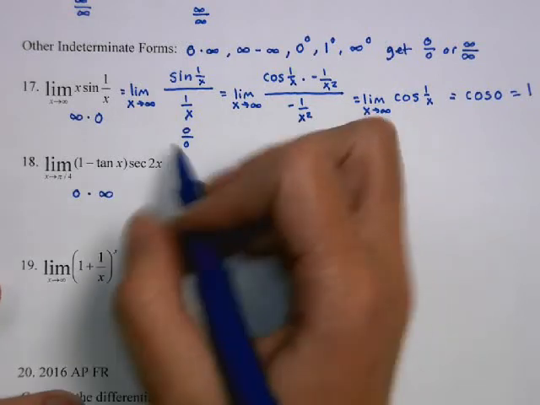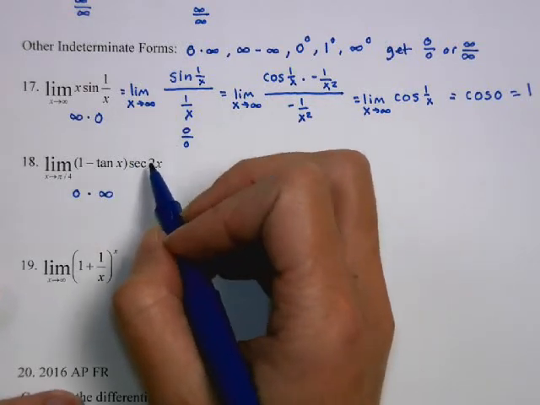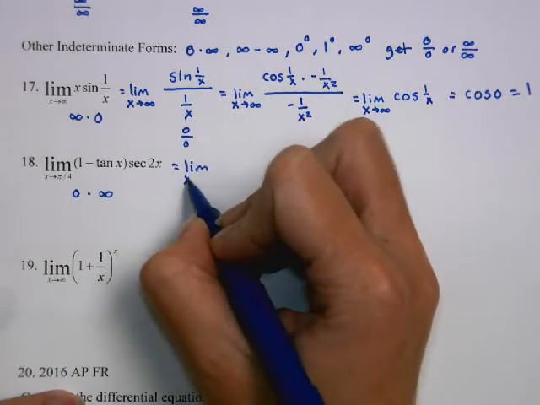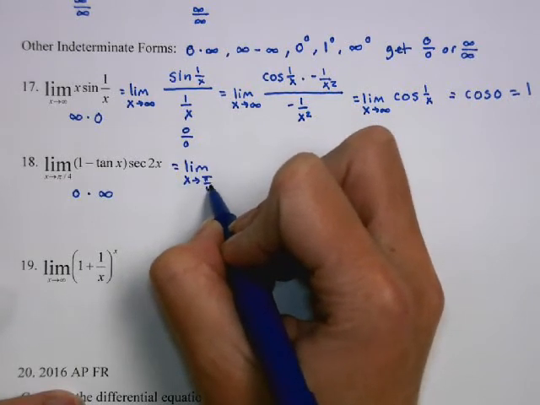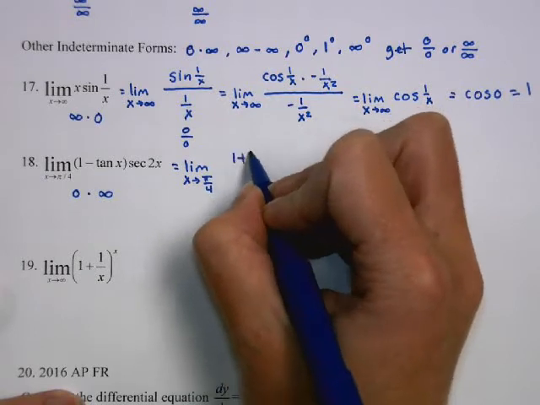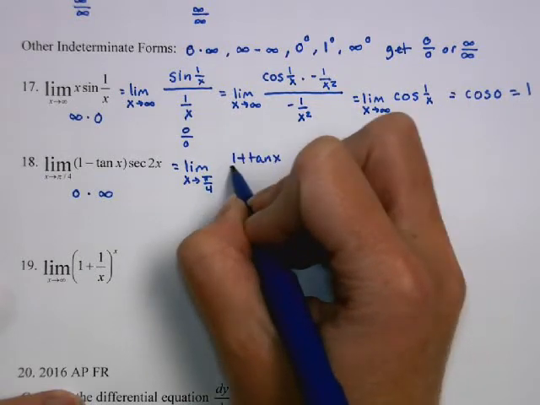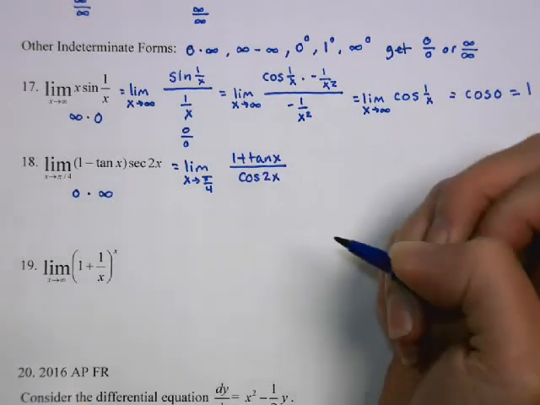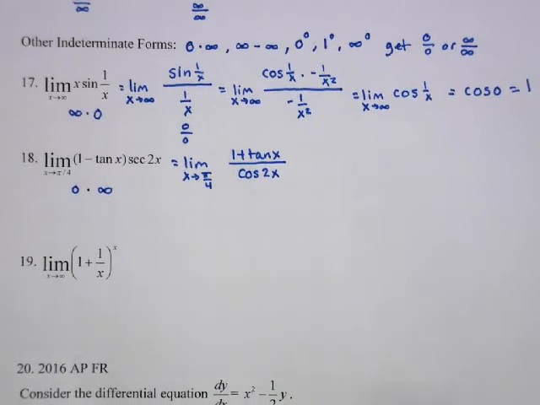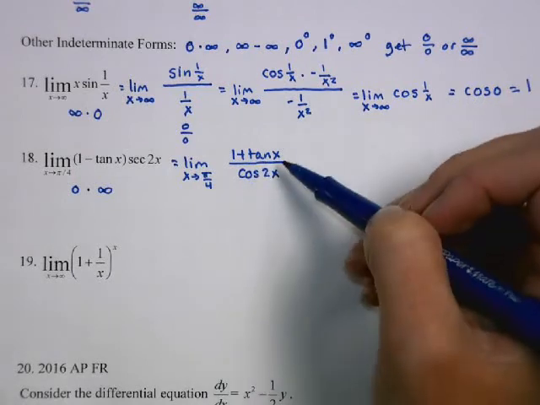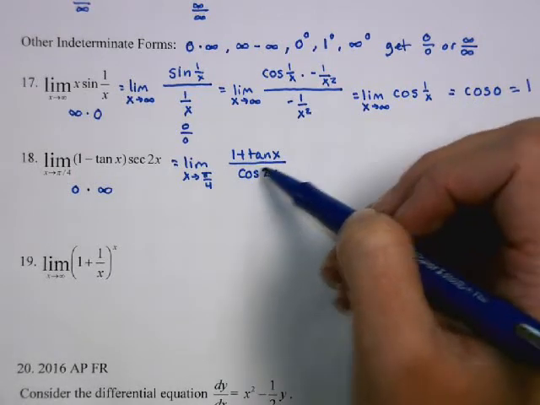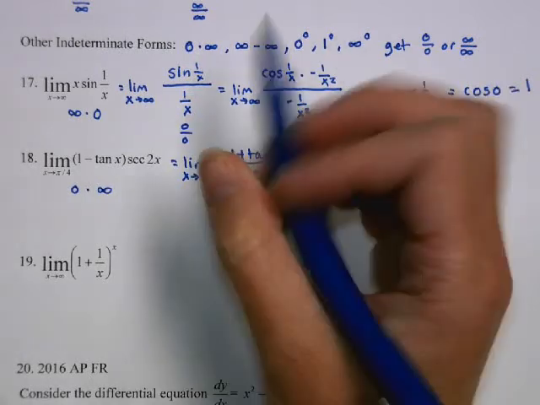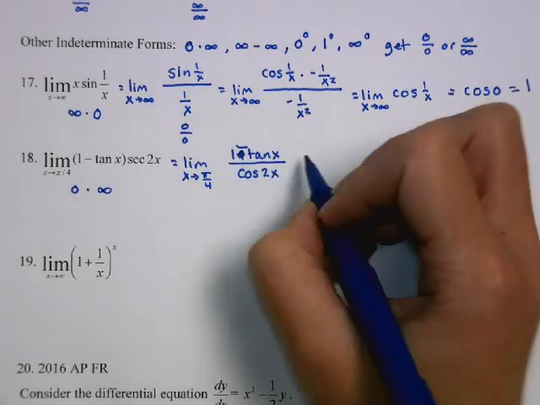But I'm going to rewrite this one using the fact that secant is really just 1 over cosine. So this is going to equal the limit as x goes to pi over 4 of 1 minus tangent of x over cosine 2x. So I haven't changed anything, I just reorganized it. Now as we go to pi over 4, like I said, this is going to go to 0. Cosine of pi over 2 is 0, and that's still going to be 0.